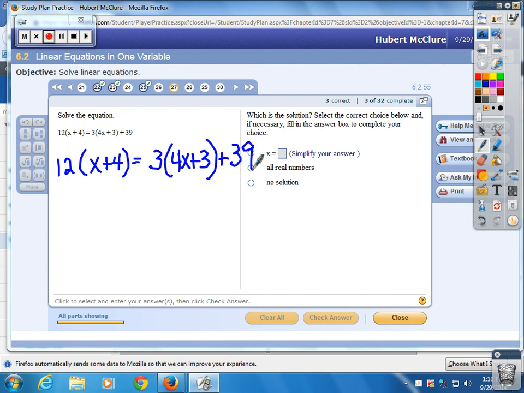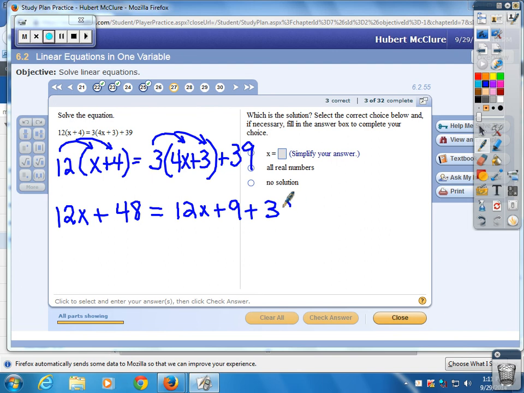Okay, what's the first thing we do? Distribute, Hubert. Thank you, class. Now it'll give us 12x plus what? 48. Thank you. Is equal to 12x plus 9 plus 39.